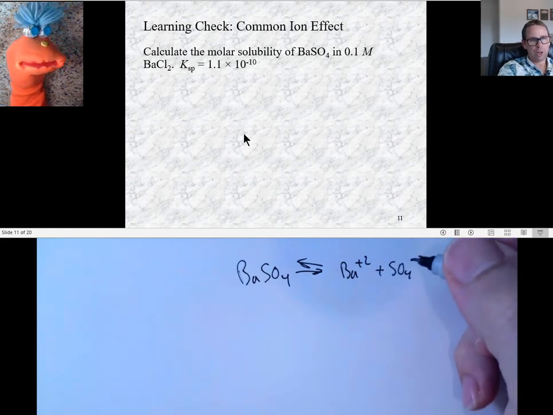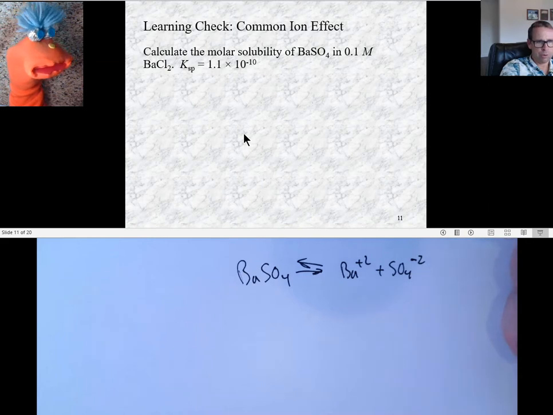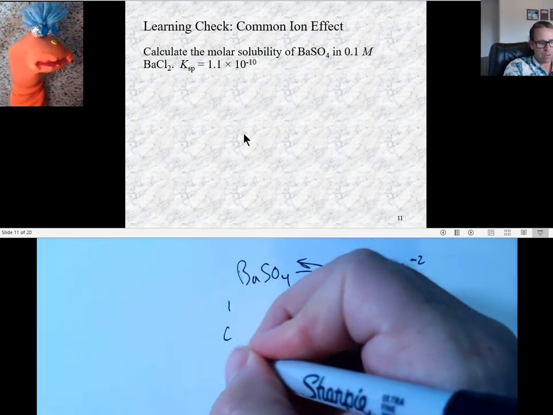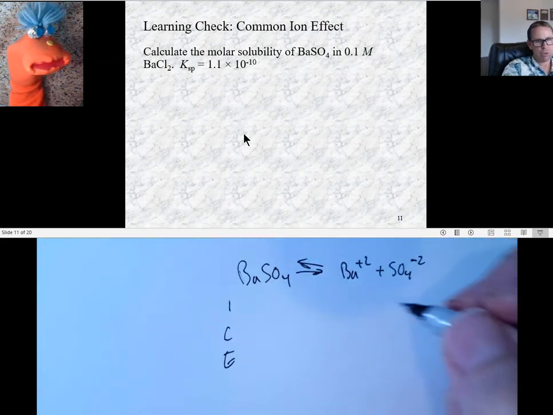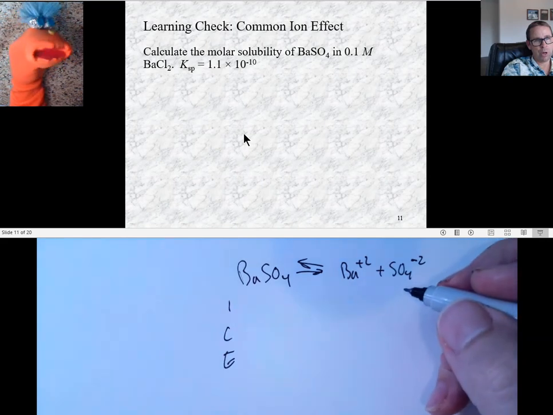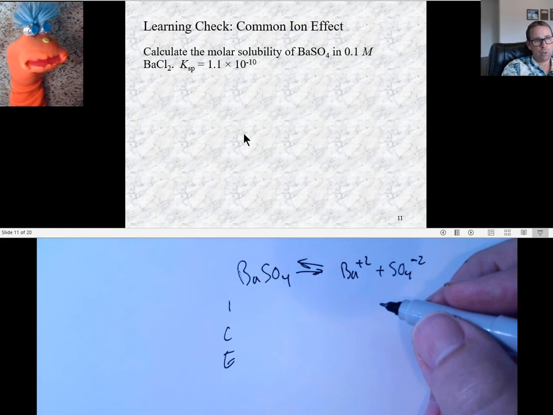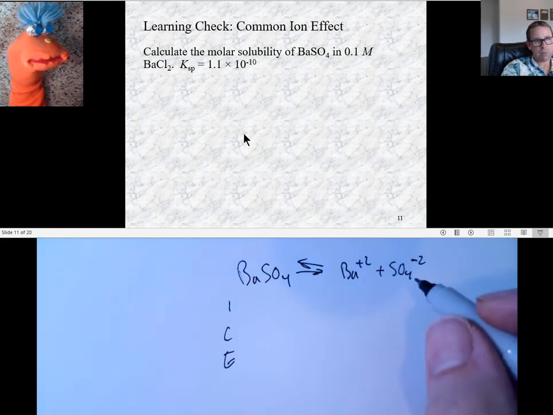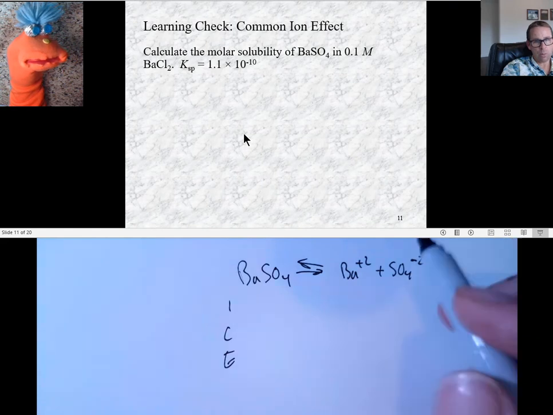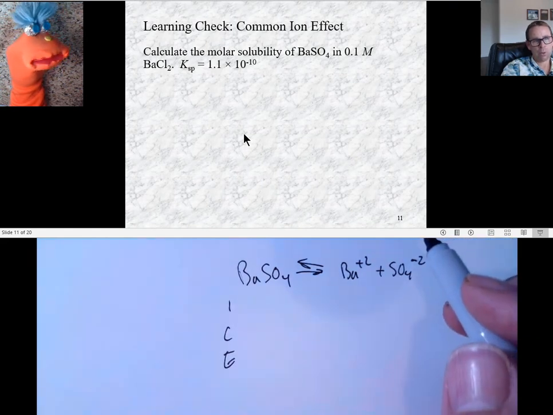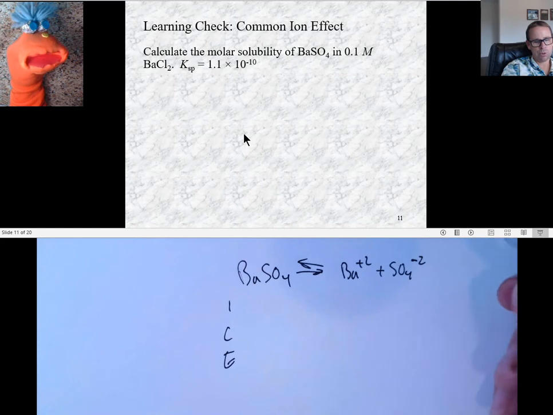And we got some barium chloride already in solution. So can I turn this into an ice table? Yeah, so the initial concentration of sulfate ion, barium ion, looks like it's going to be... KSP is 1.1 times 10 to the minus 10. 0.1 molar barium chloride is put into solution.